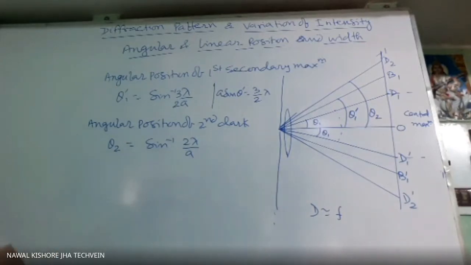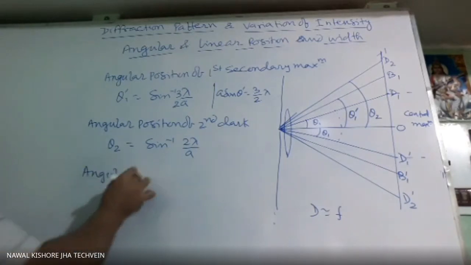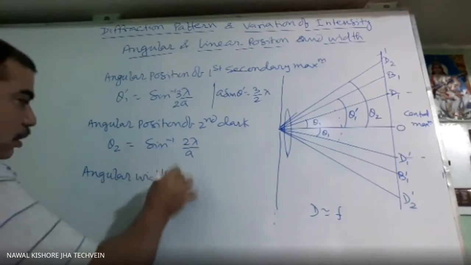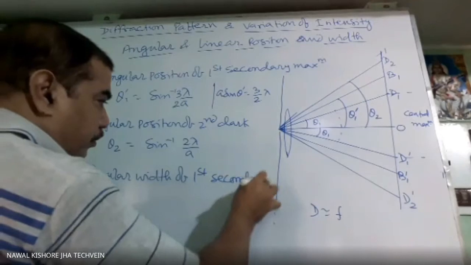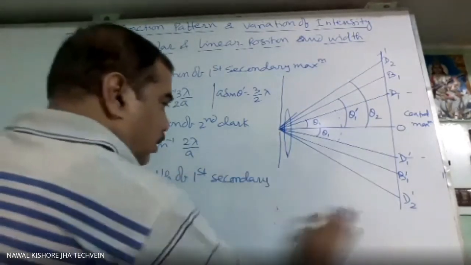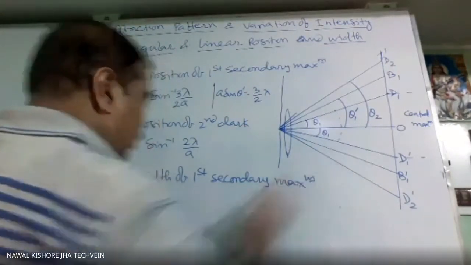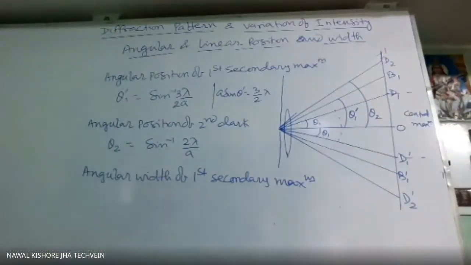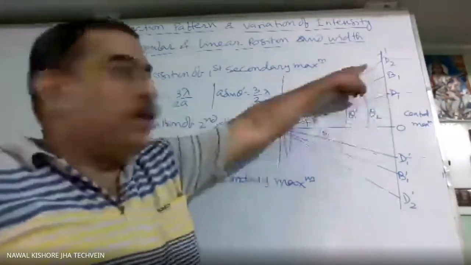Now, if you are asked what is the angular width of first secondary maximum, from where to where? First secondary maximum is from here to here.